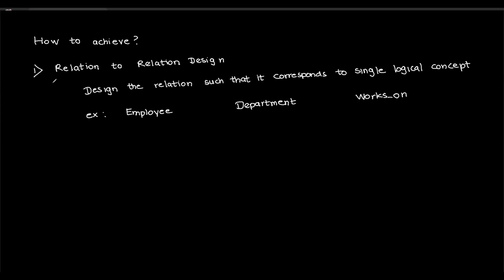In this method, we also have to make sure that we avoid forcing attributes that do not relate to the primary concept naturally. If you have attributes about department and you force them into employee, you are violating the first guideline.